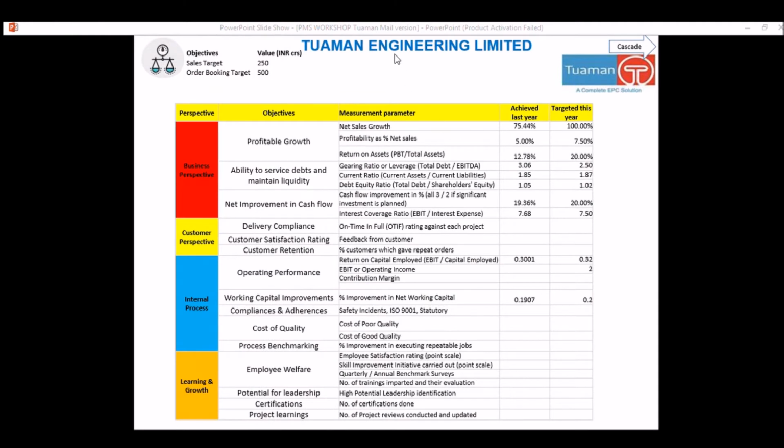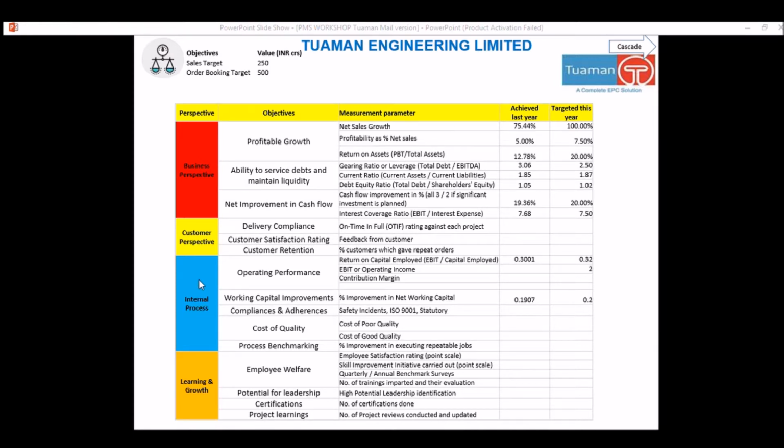So this is Tuaman Engineering Limited's overall balanced scorecard, where we have divided the basic goals into four categories. The business perspective has four objectives: first, profitable growth; second, ability to serve debts; and third, net improvement in the cash flow. In the customer perspective, we have delivery compliance, customer satisfaction rating, customer retention.